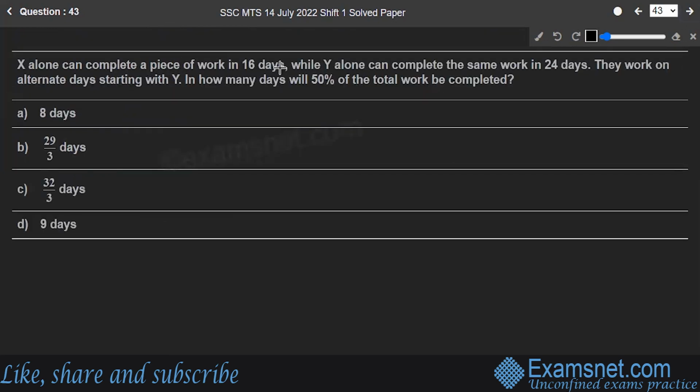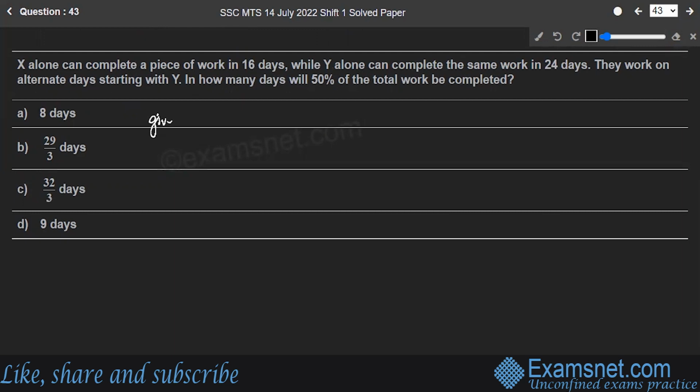X alone can complete a piece of work in 16 days, while Y alone can complete the same work in 24 days. They work on alternate days starting with Y. In how many days will 50% of the total work be completed? Okay, so let's start with the question.